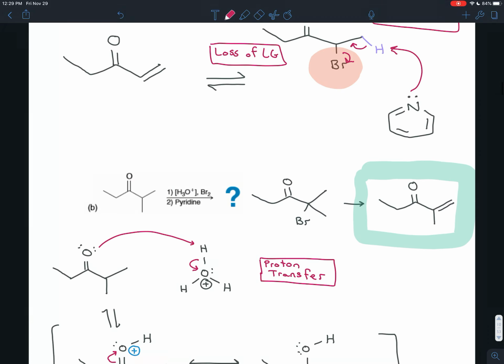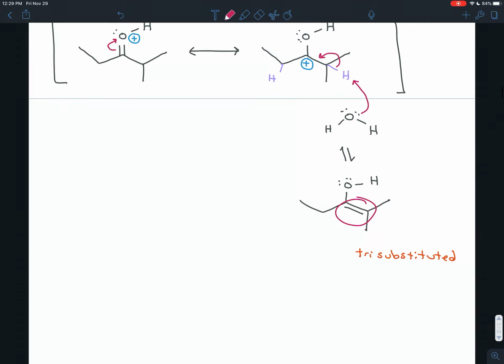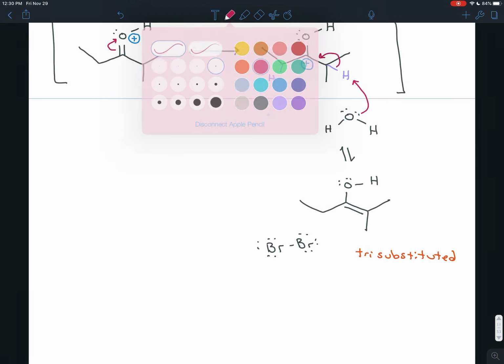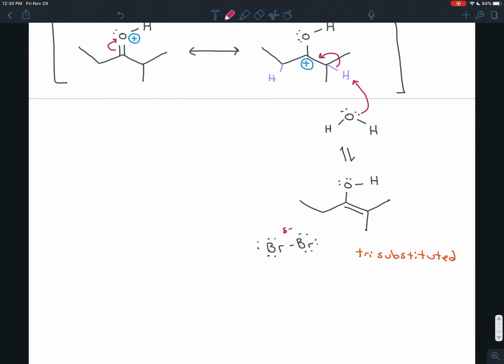Okay, so that's the mechanism for this H3O+. That turns this sort of alpha carbon area into a nucleophile. We saw in the last example how if there's a bromine there, it can feel the negative charge in the pi bond. The electrons in the bromine would flee away from it.